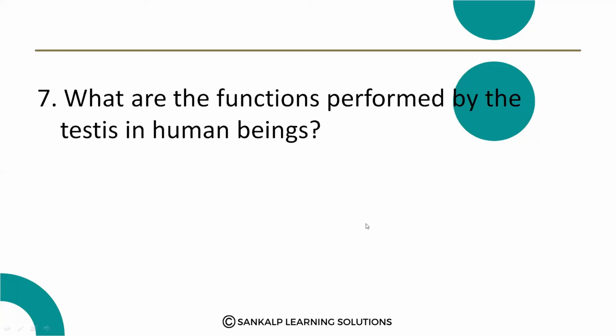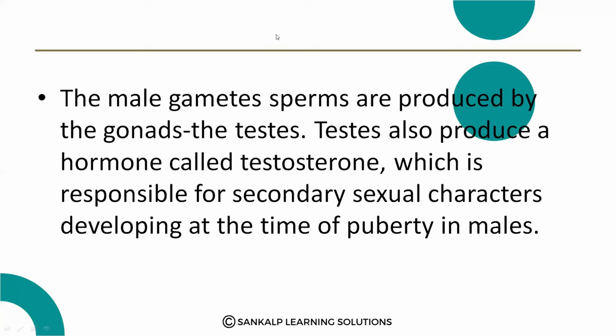What are the functions performed by the testes in human beings? So here, in human beings, what are the functions of the testes? The gametes, that is, the sperms, are produced inside the testes, and that is the first function. Testes also produce a hormone called testosterone.